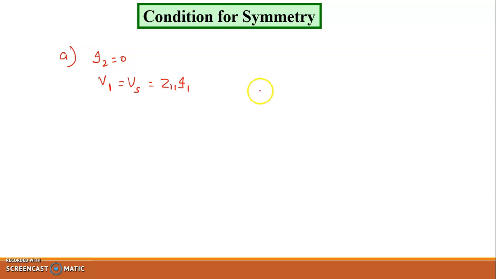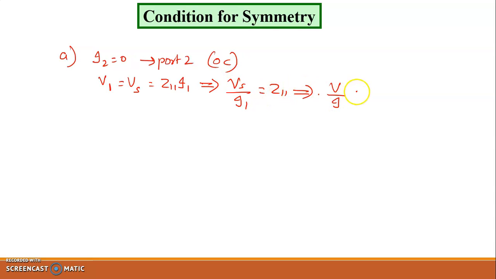I2 is equal to 0, so the second term will be equal to 0, and from this I can write Vs by I1 is equal to Z11. Okay, so this is the ratio of voltage to current at port 1 if port 2 is open circuited.